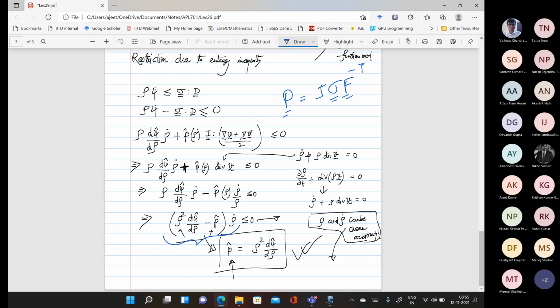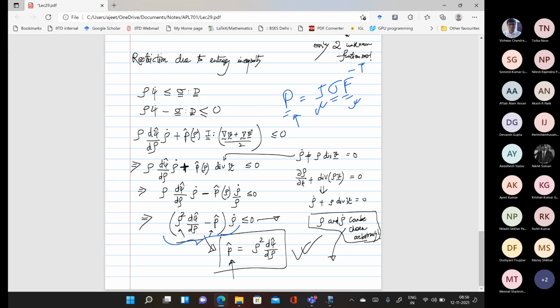You can see that it has J as well as F, which depend on the choice of reference configuration. So P is indeed dependent on the reference configuration, but we can't say that for sigma.